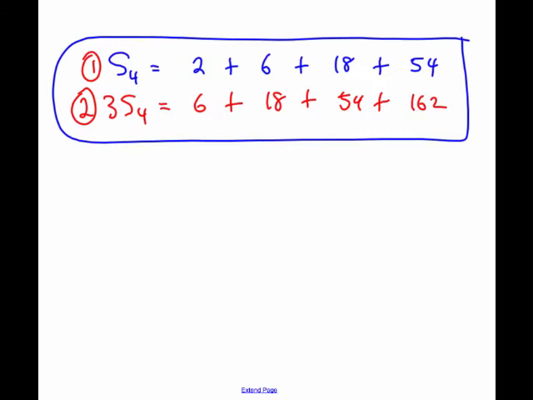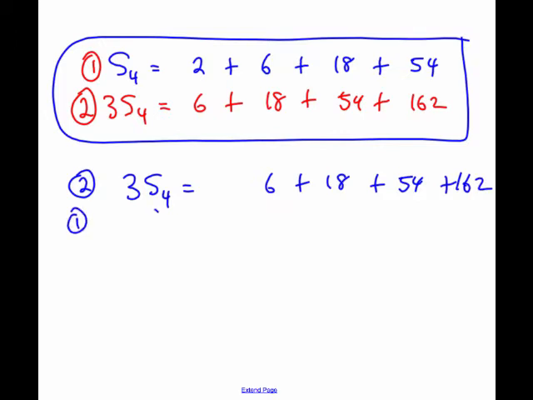Alright, I'm going to rewrite these equations. I'm actually going to put equation 2 on top. 3s4 equals 6 plus 18 plus 54 plus 162. And equation 1, s4, I'm going to write as 2 plus 6 plus 18 plus 54.